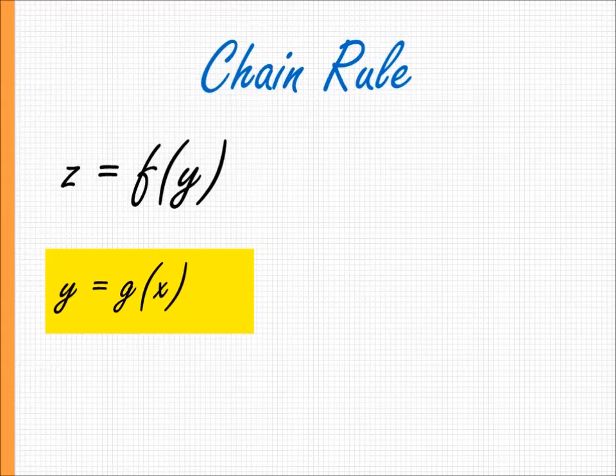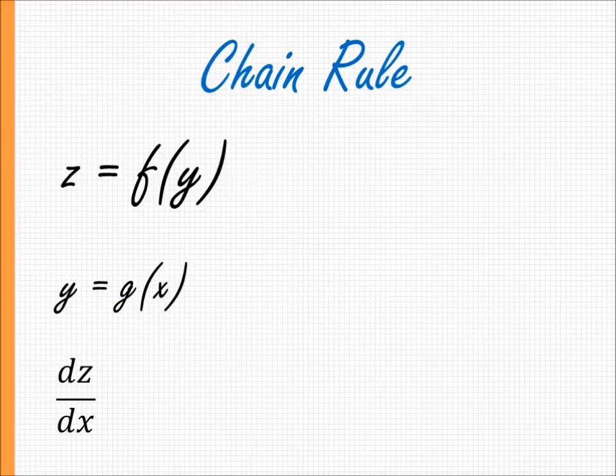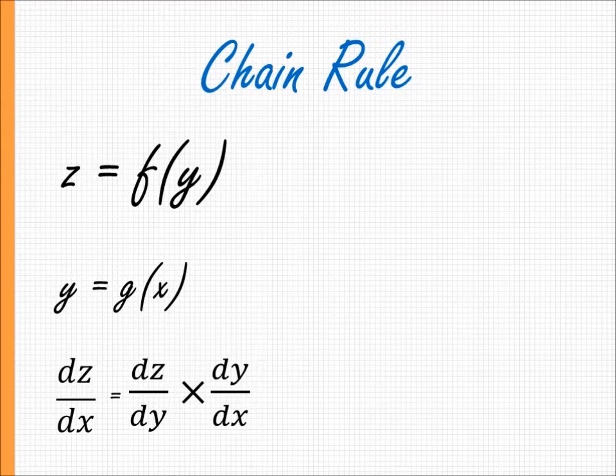But if we want to find the differential coefficient of z with respect to x, then as per the chain rule, the differential coefficient of z with respect to x is given by the differential coefficient of z with respect to y into the differential coefficient of y with respect to x.